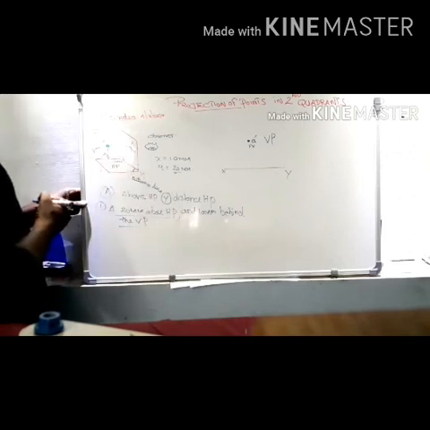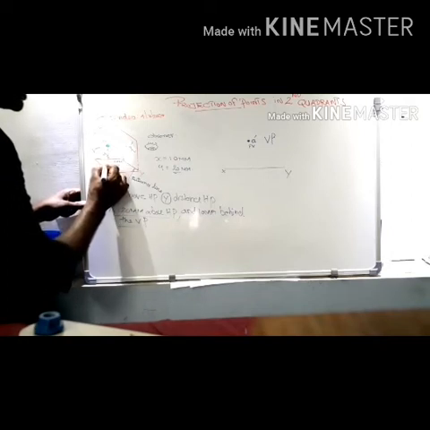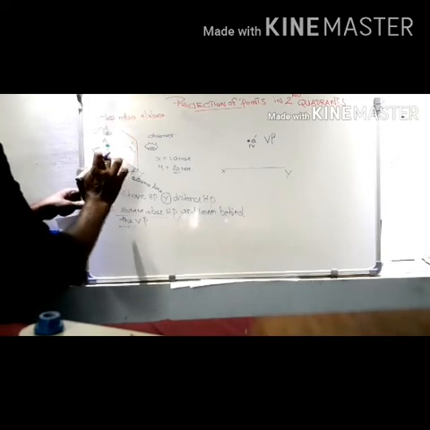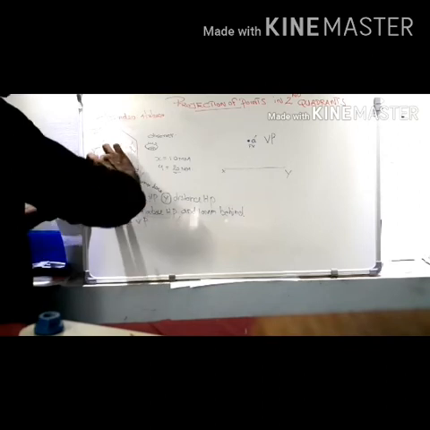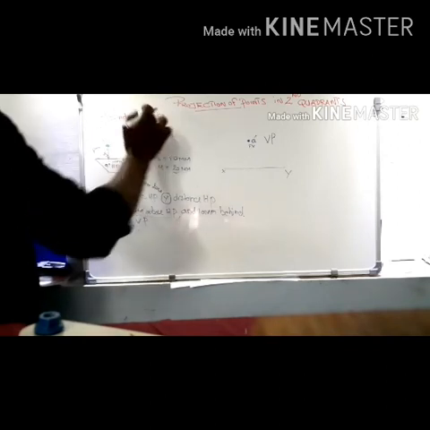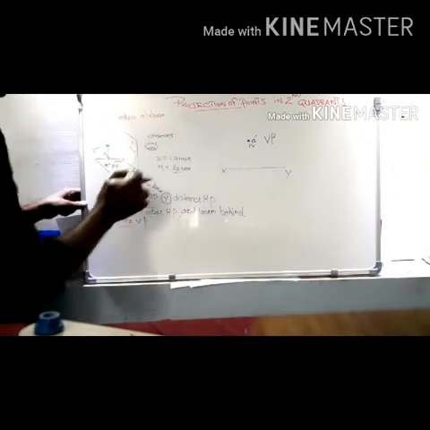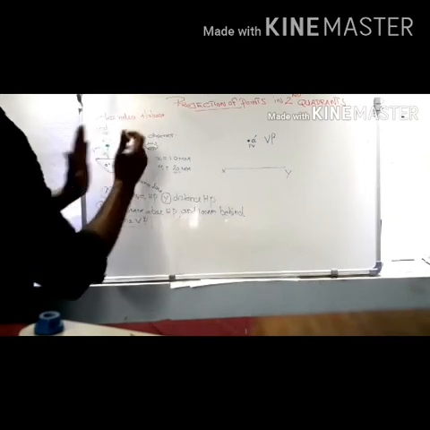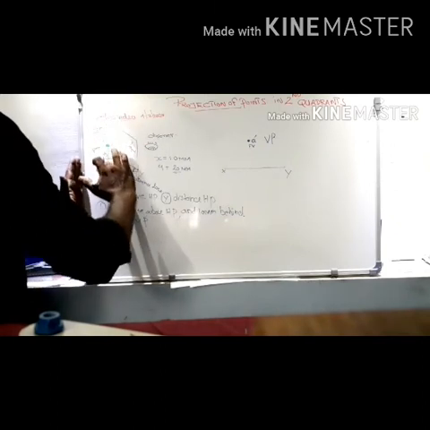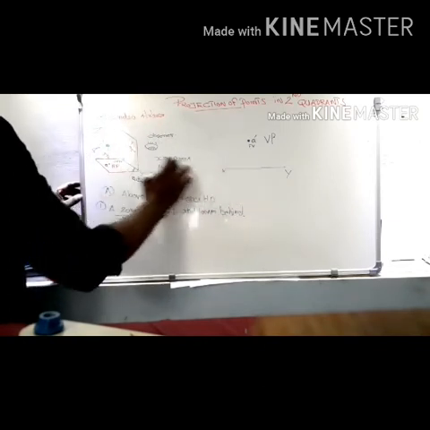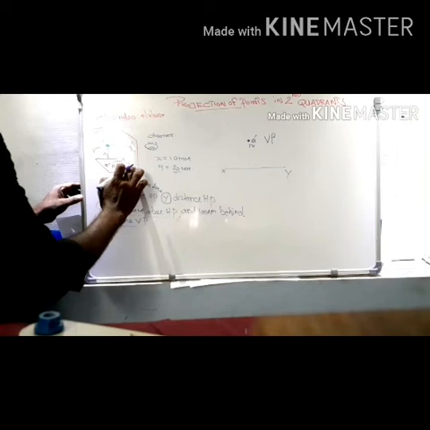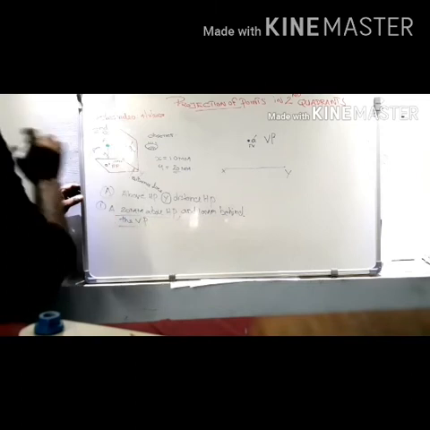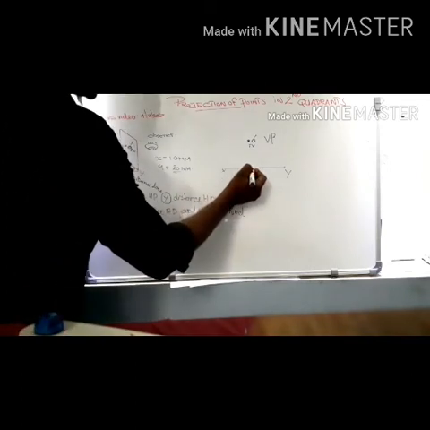This point is marked with small letter a without a dash. After projecting the plan on HP, we assume it rotates in the clockwise direction. Then HP coincides with VP. That means this surface comes above the XY line. So our plan also comes above the XY line, keeping 10 millimeter distance.